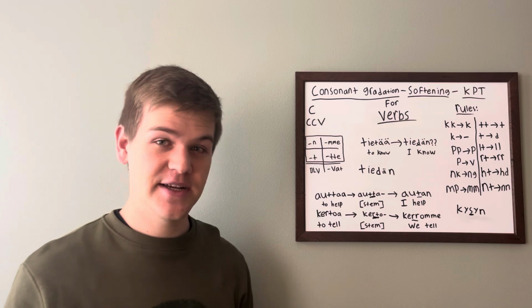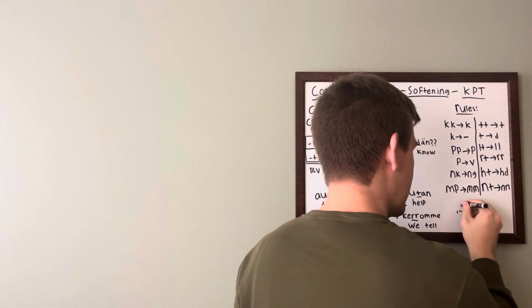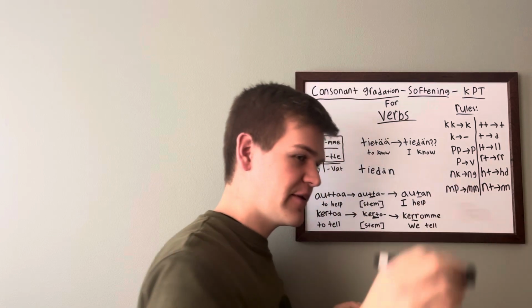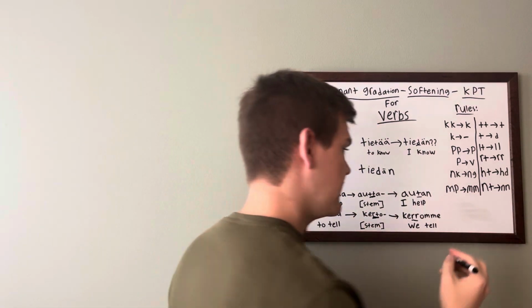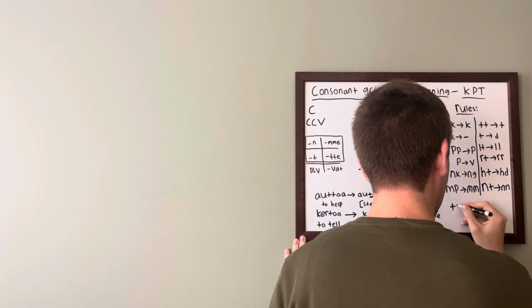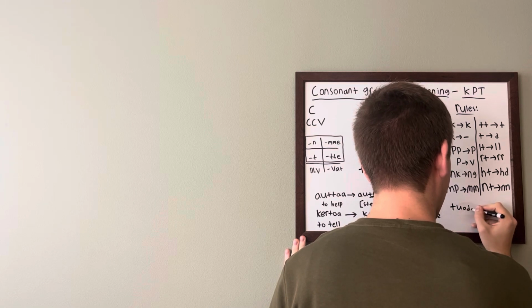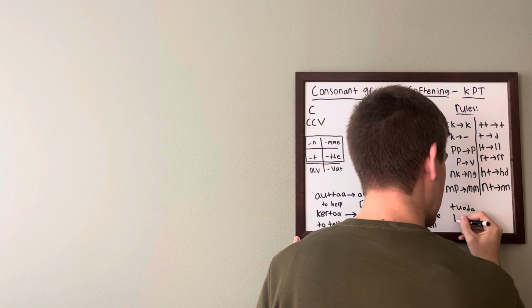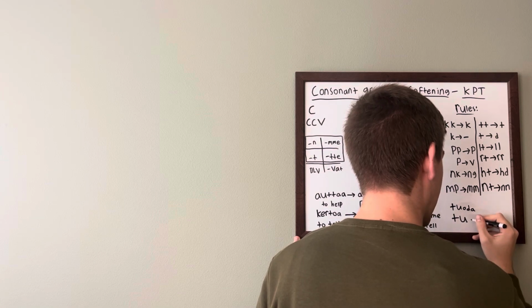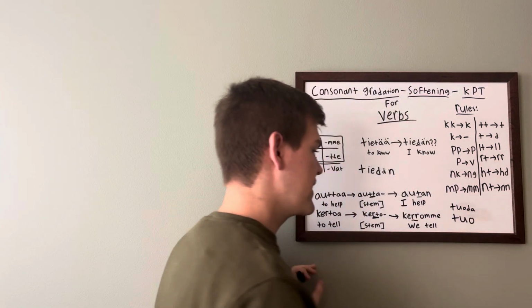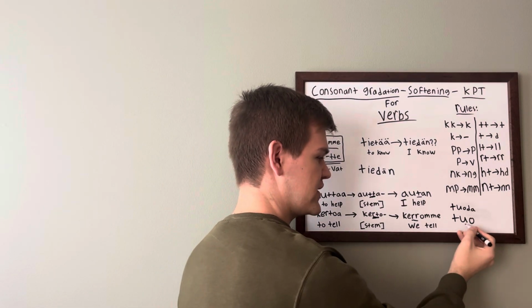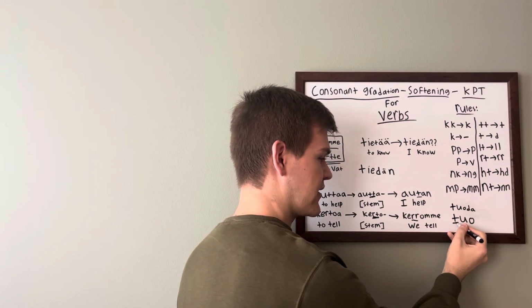One last thing to mention before we go on to practice is if we have a word where the first consonant before the ending is the start of the word. For example, if we have tuora, the stem of this word is tuo, because we get rid of the RA. So if we wanted to put an N on the end there, we'd see that the first consonant is this T at the start of the word.